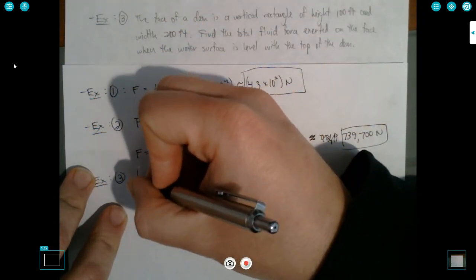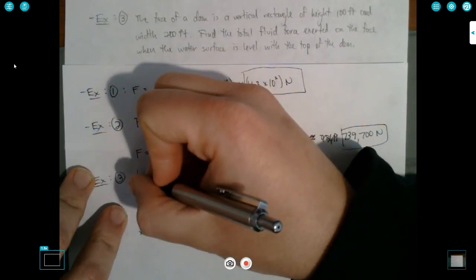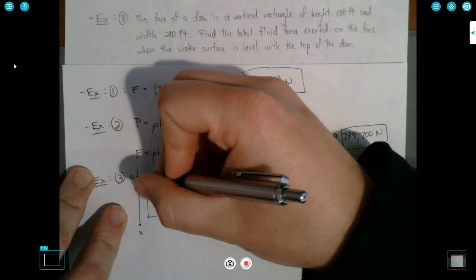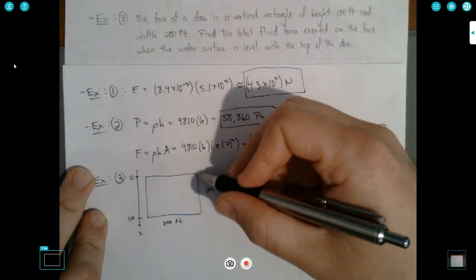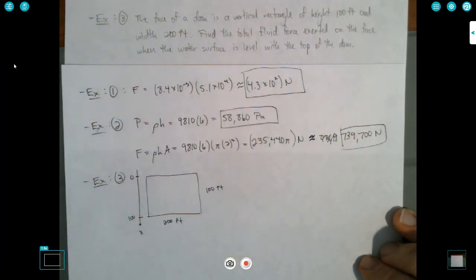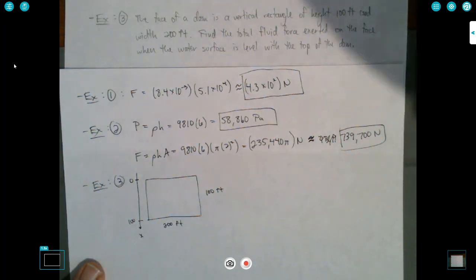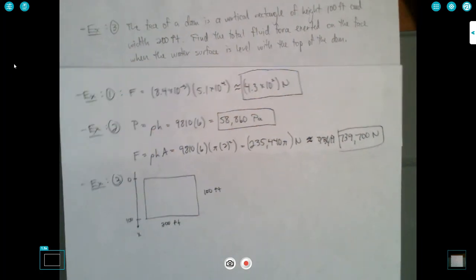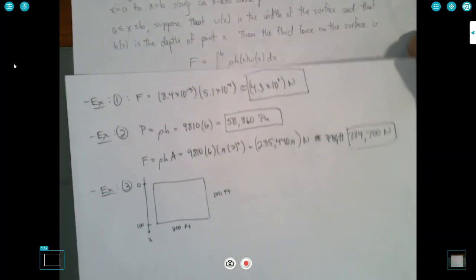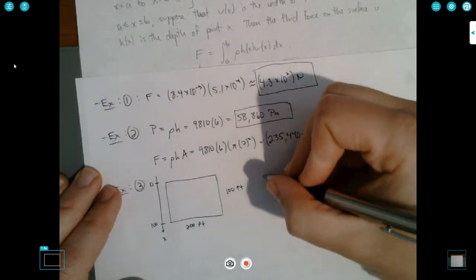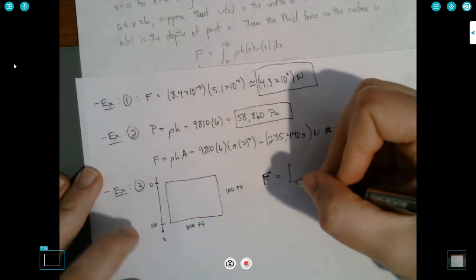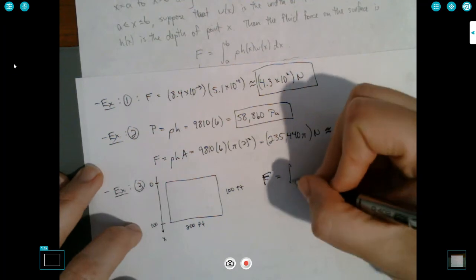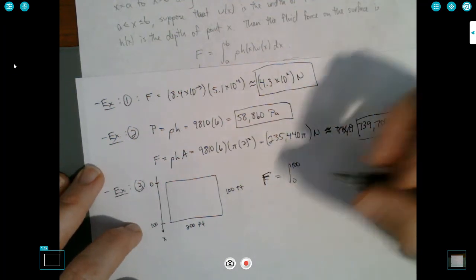So if I have kind of an x-axis or whatever, then this we can call 0 because it's right on the surface of the water. And this, I suppose, would be 100 because that's the height of the dam. Okay? So now plugging stuff into our formula, we know that the force is going to be the integral from a to b, so from 0 to 100, of the density rho.